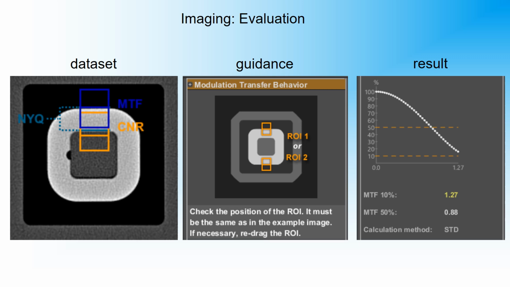The example for the guidance in the middle is for the modulation transfer behavior, and if the ROI setting is in some way wrong or not done yet, you get shown how to do it. When you put it in the right place, you will get a result like the one on the right side, showing the MTF and the calculated MTF 10% and MTF 50%.